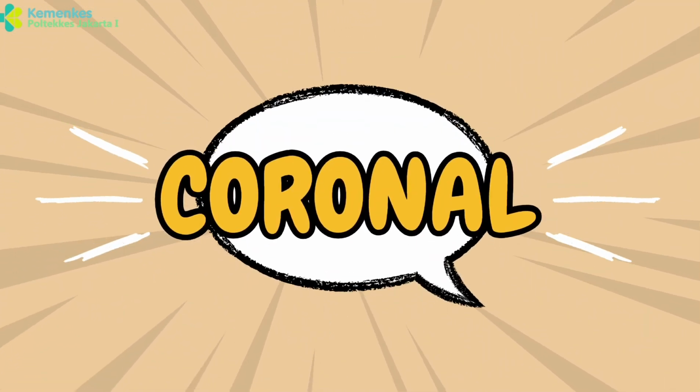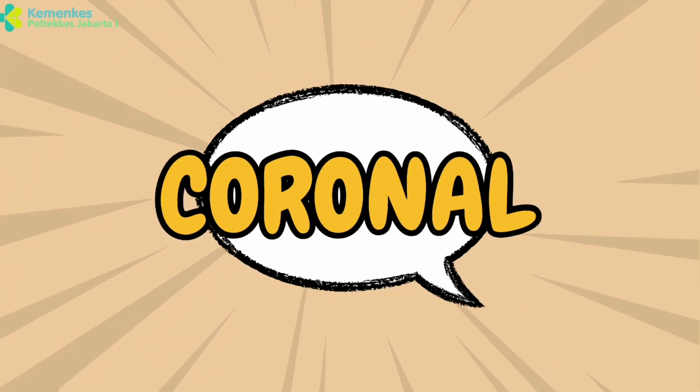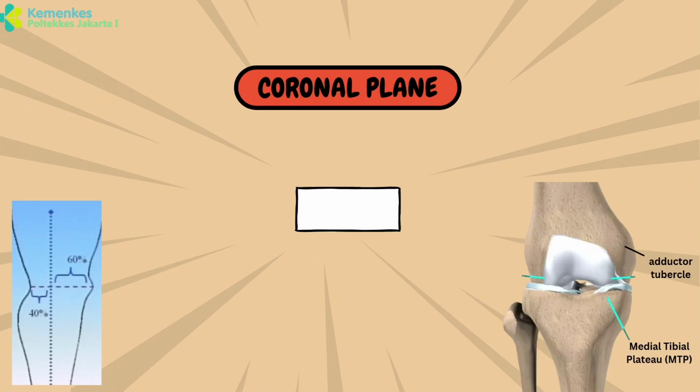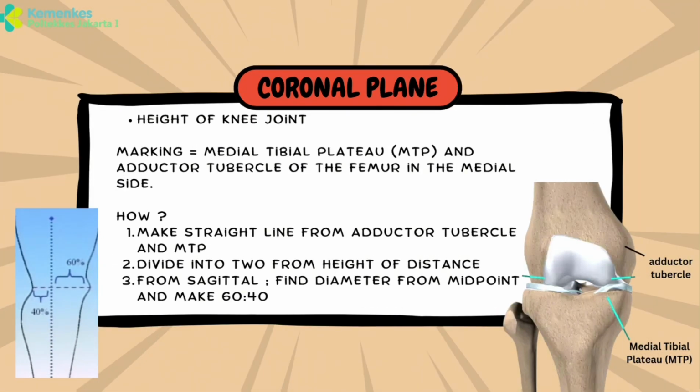Next, from the coronal plane there are three ways: the height of the knee joint, MTP, and the special consideration if the knee joint is polycentric. The first is from the height of the knee joint. For the marking, as we can see in the picture, it is the medial tibial plateau and the adductor tubercle.